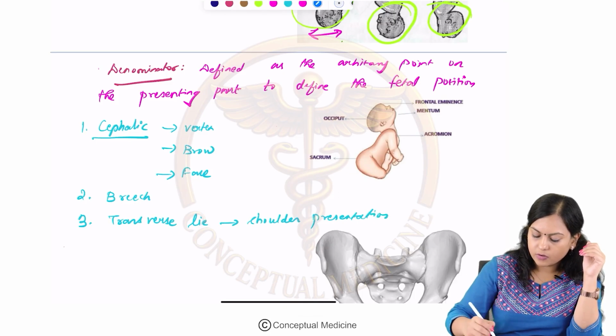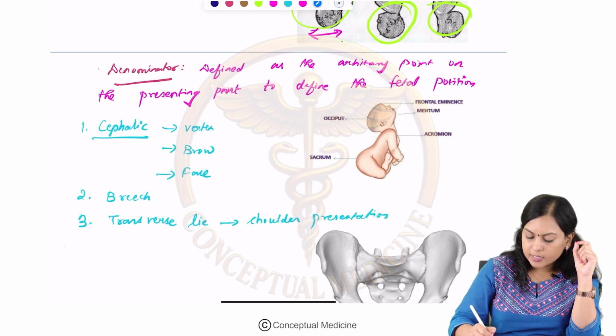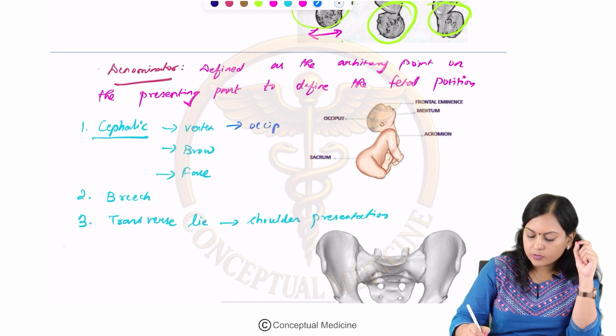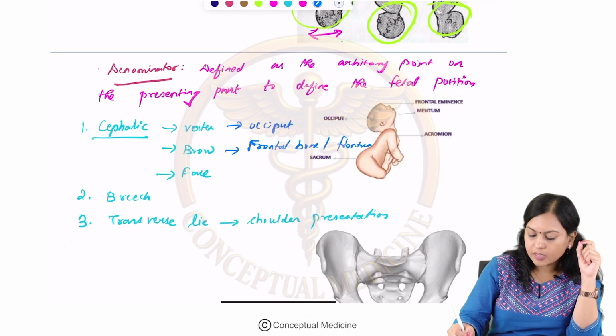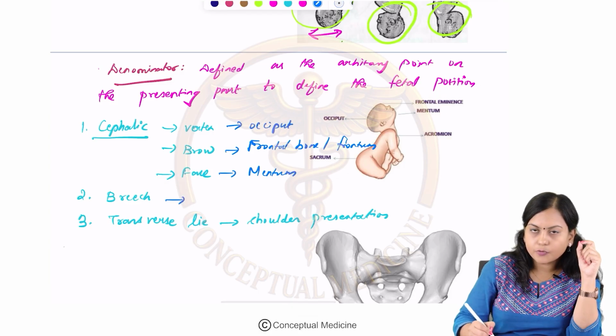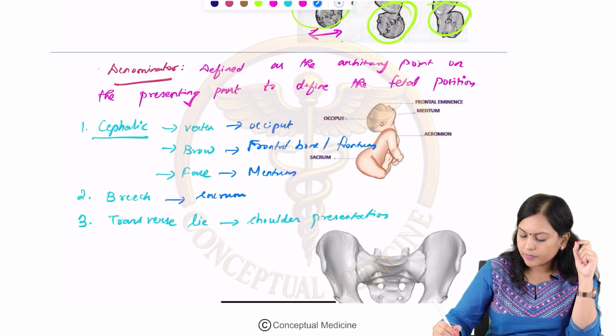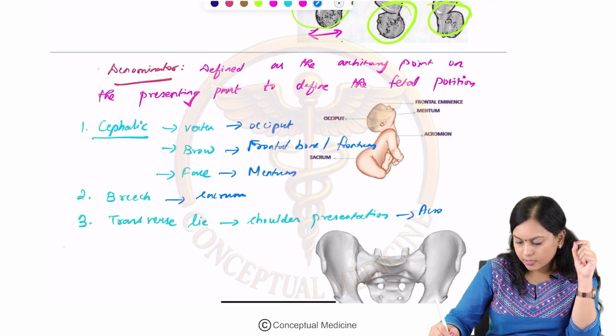In vertex, the denominator is the occiput. In brow presentation, it is the frontal bone or the frontum, and in face presentation, it is the mentum. In breech presentation, we choose the sacrum as the denominator, and in shoulder presentation, it is the acromion.